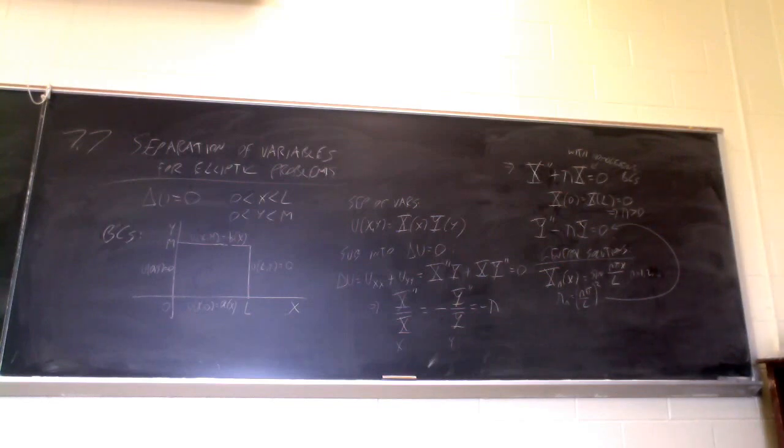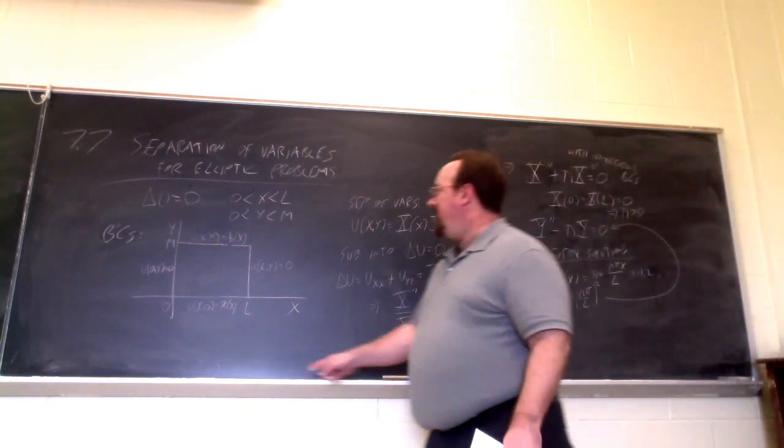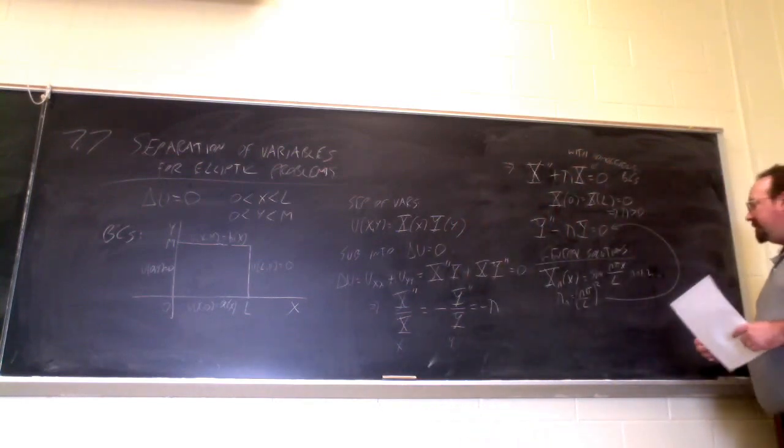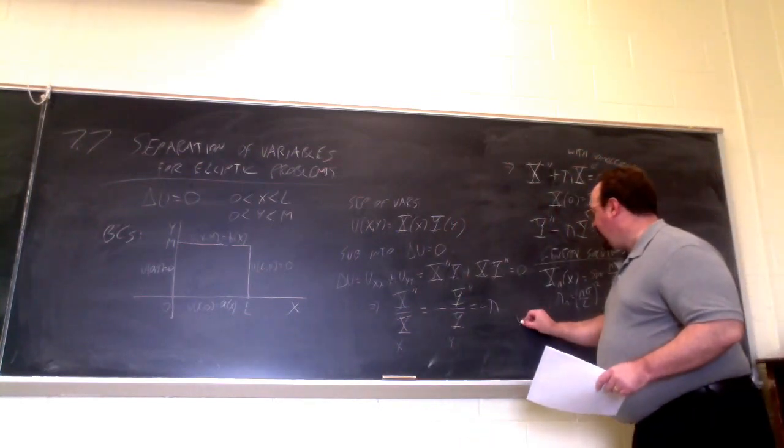Now, normally you say, okay, I can have a constant times hyperbolic cosine plus another constant times hyperbolic sine, but there's actually an easier way to write these because we now have these boundary conditions to deal with. So I'm going to write solutions in this form.